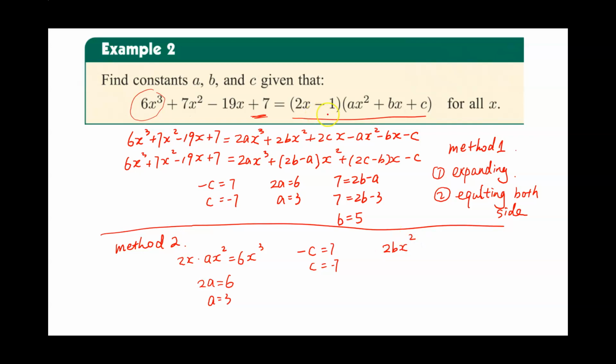And if I'm using the constant term, I know that it can only be achieved by -1 times ax to the power 2. So take away ax squared. That will equate 7x to the power 2. Therefore, I know 2b take a is 7. My a is 3, so 2b take 3 is 7, 2b is 3 plus 7, 10, b equals 5. So you don't really need to expand it to be able to get the result.